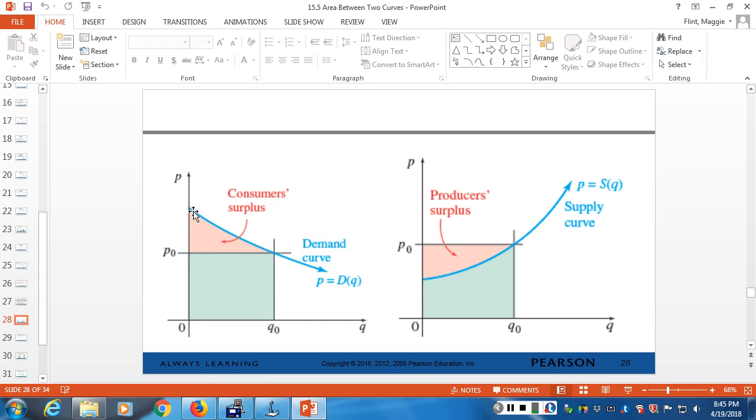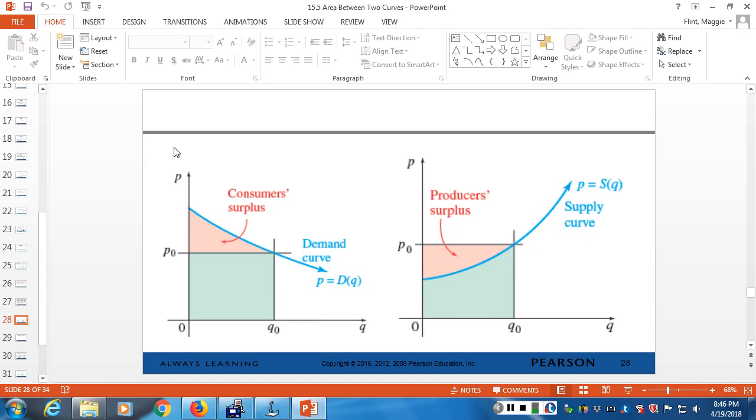This is equilibrium price minus the supply price function. So in this case, here's your demand equation, your demand curve, and anything before equilibrium is the consumer surplus. This is your supply curve, which is also a form of the price, and until you get to equilibrium, that pink area represents the producer's surplus.